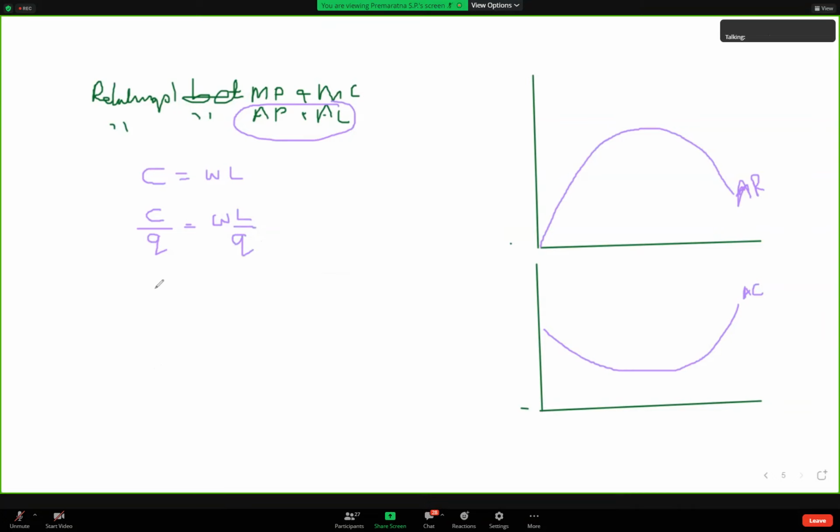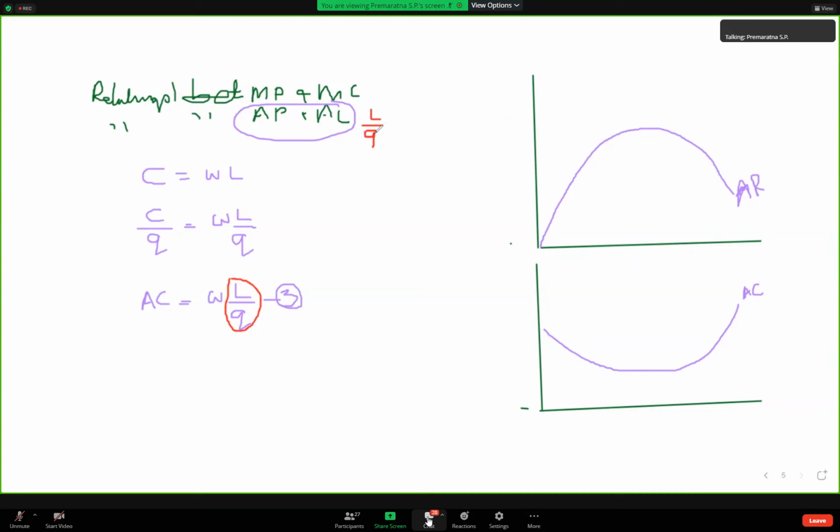Now with that you get here average cost. Here you get WL over Q. Now if we just look at the third equation, the second part of the third equation, here LQ.